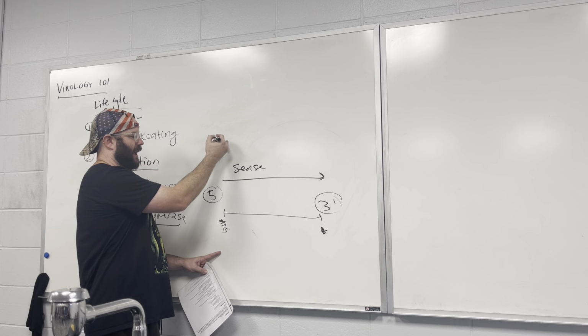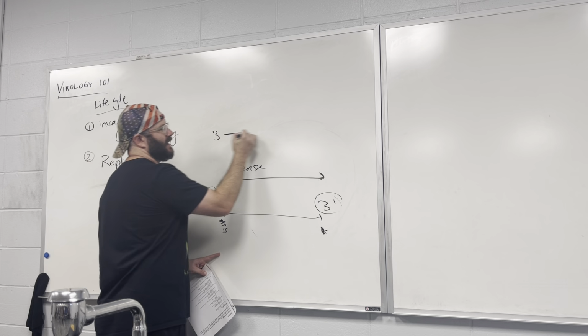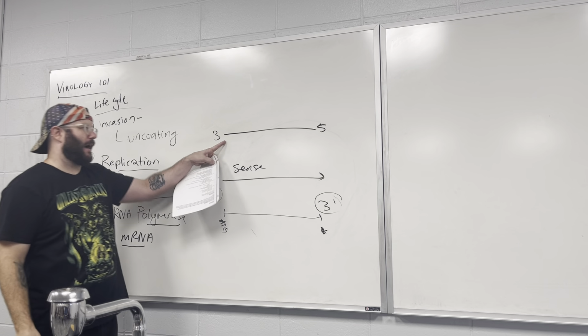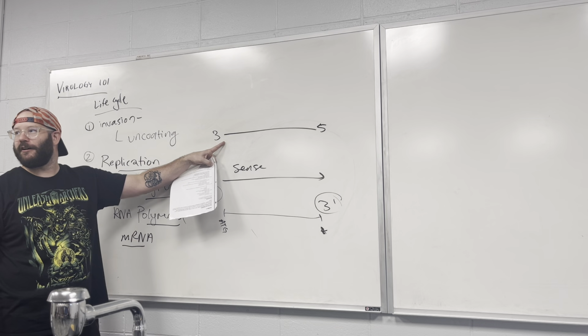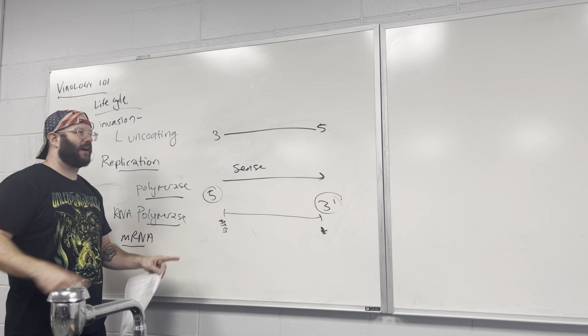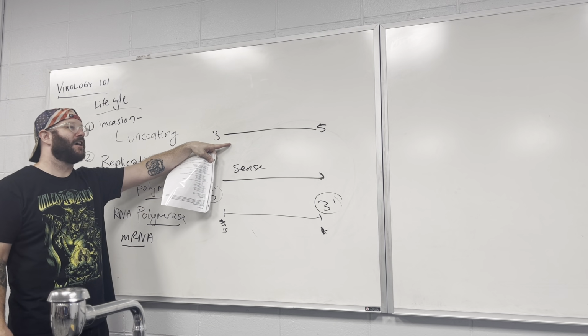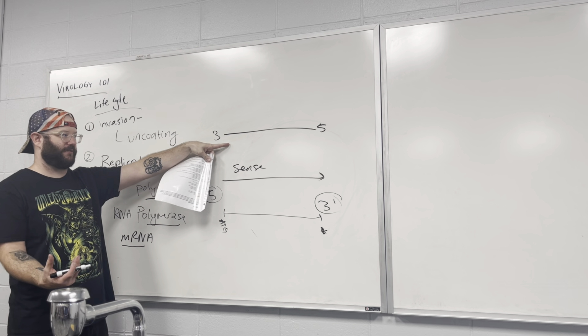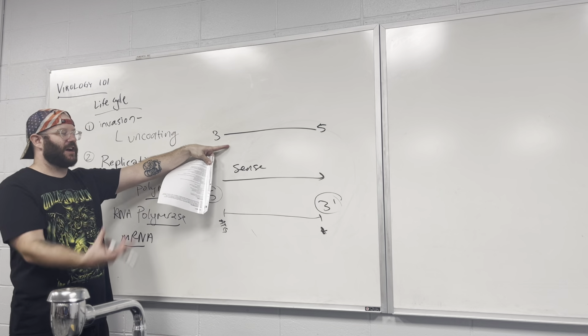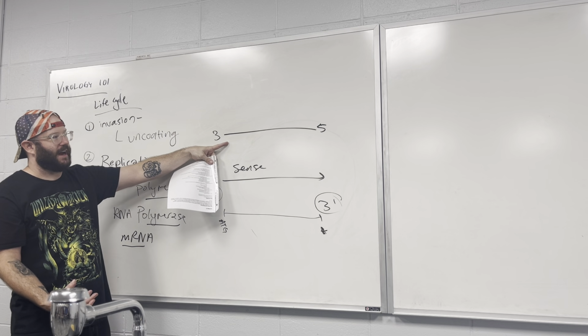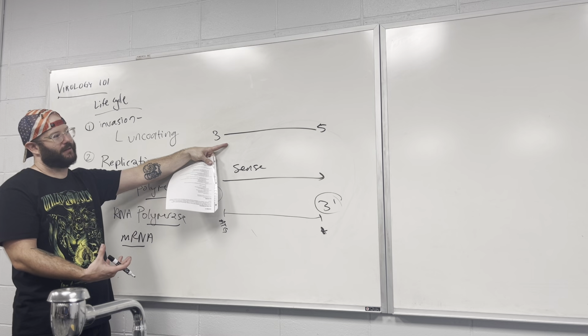If you have RNA that's antisense, let's say it's 3 to 5, can the ribosome read that and make protein? No. So if you're a virus and your genome is encoded in 3 to 5 antisense RNA, you have a conundrum, a paradox to fix, which is that you might inject your nucleic acid into the cell, but the cell can't do anything with it, it can't read it.